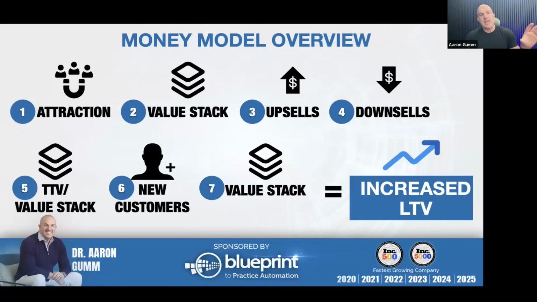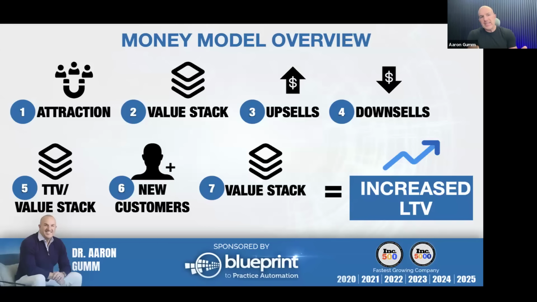So once we get people in the practice, what are we doing with the patients? Now, before I start this, it doesn't mean that we're trying to give services to patients that they don't need. Patients need all these services that we're going to be recommending. We're going to be doing offers and what's called value stacks, to get people to influence their buying patterns, their habits.